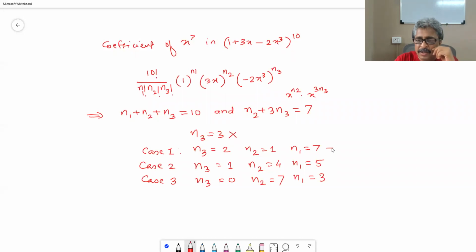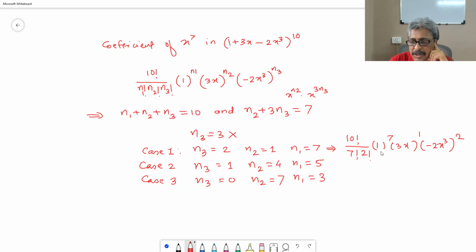And therefore, the coefficient here will be 10 factorial upon 1 factorial, 7 factorial, 2 factorial into 1 raised to 7 into 3x raised to 1 into minus 2x cube raised to 2. This is the first term which we will get.